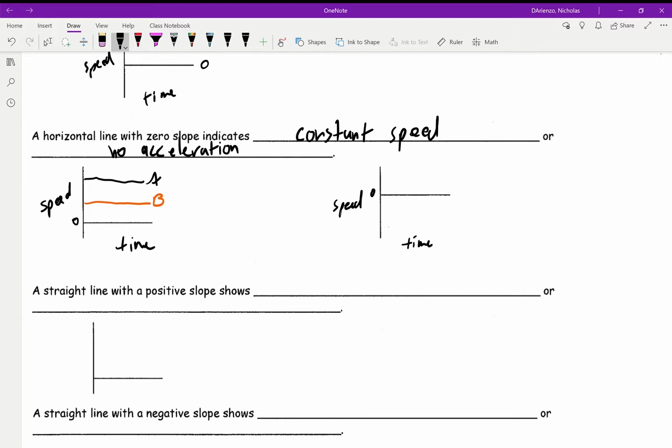Well, we know that they're both constant speed. We don't have any change in the slope of our line. But A is moving faster. Its value is higher up on the y when compared to object B. And again here, our acceleration would be 0. There's no change in the slope of our speed versus time graph.